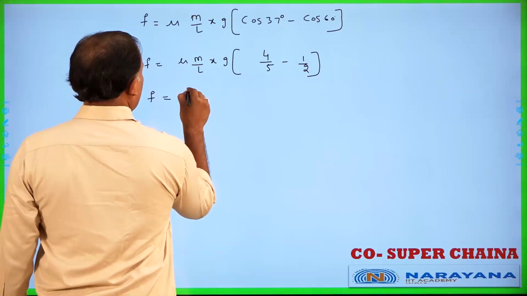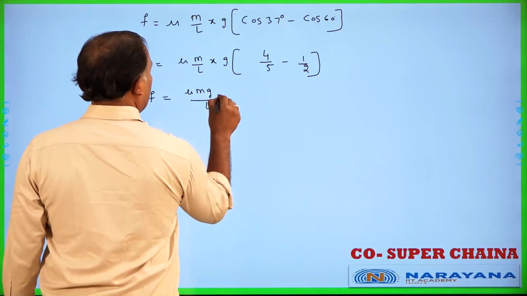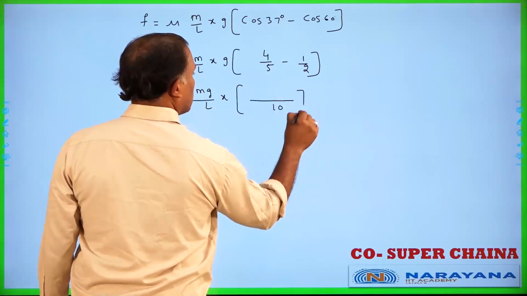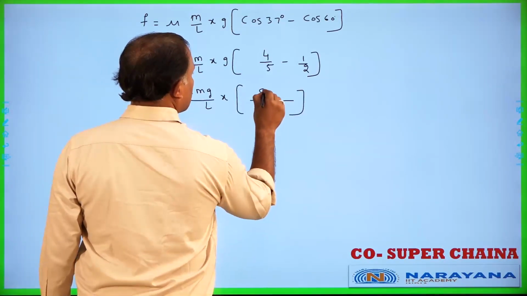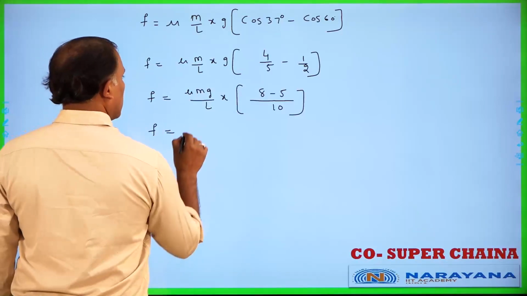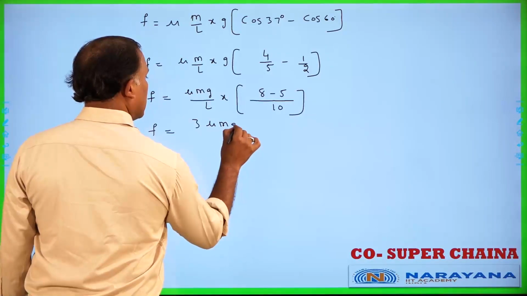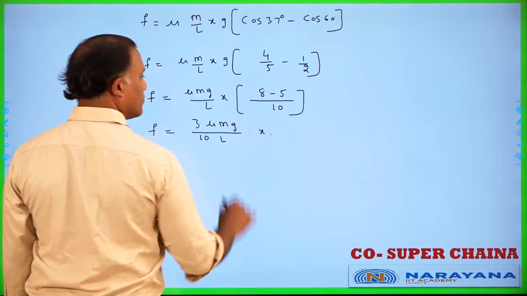So mu mg by L into x, taking 10 as LCM, this will be 8 minus 5. So that is F is equal to 3 mu mg by 10 L into x.